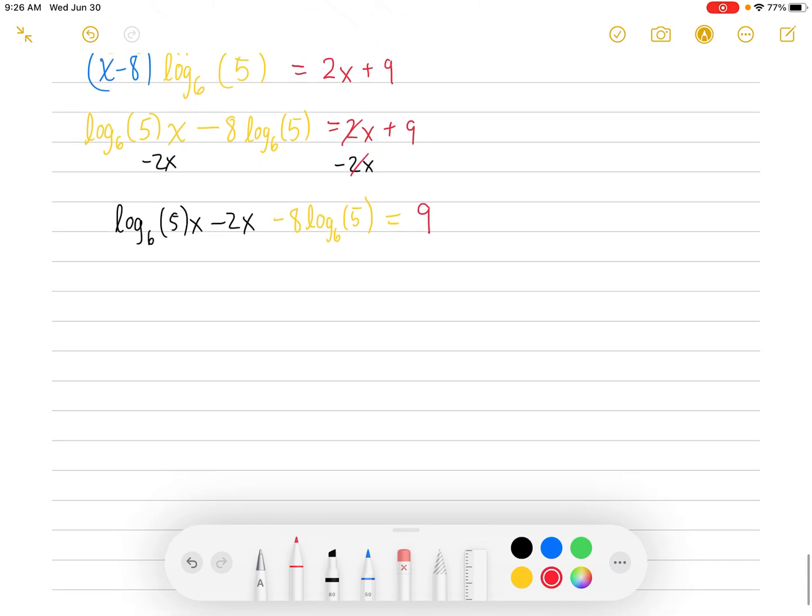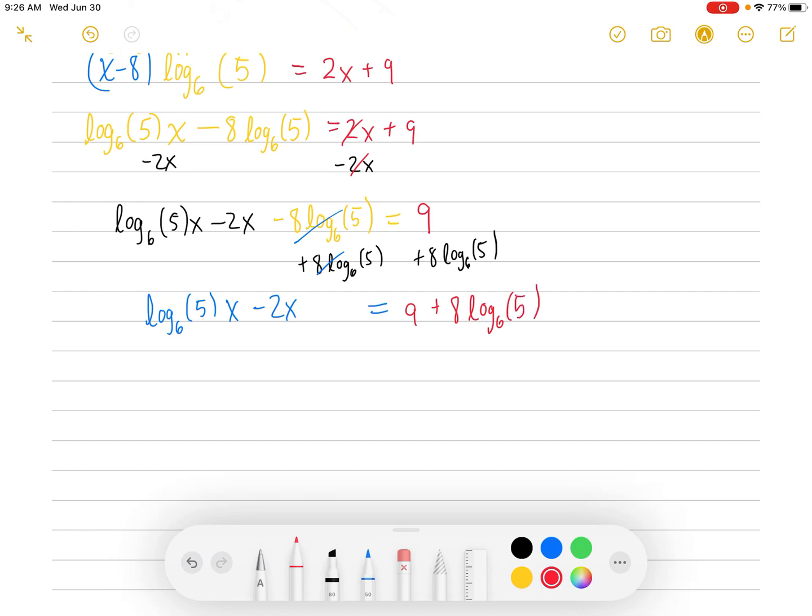Whereas I'll have log base 6 of 5 times x minus 2x minus 8 log base 6 of 5 equals, these cancel, 9, and then get all the numbers on the right that don't have x's in them. So we'll add 8 log base 6 of 5 to each side.